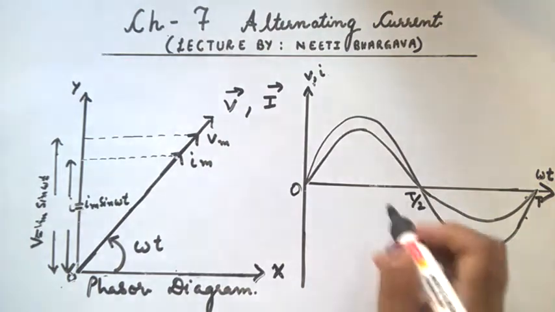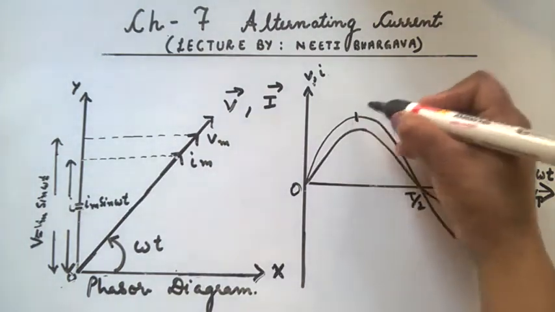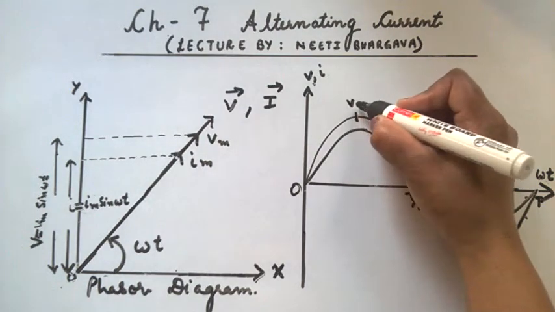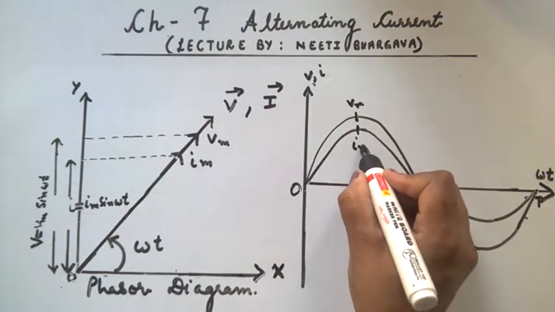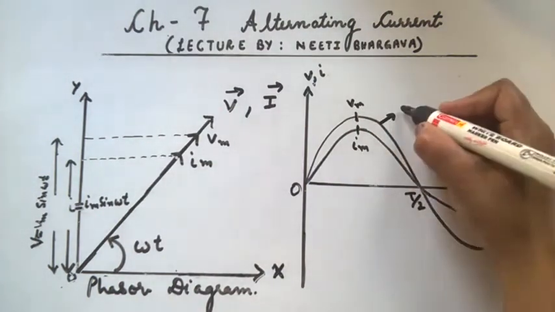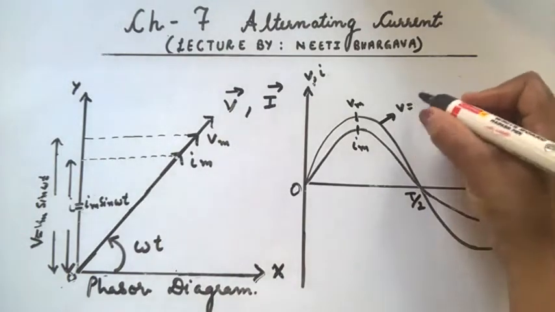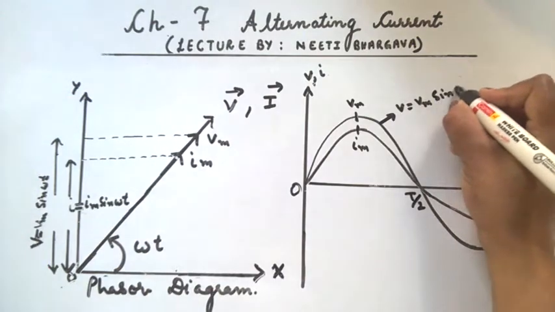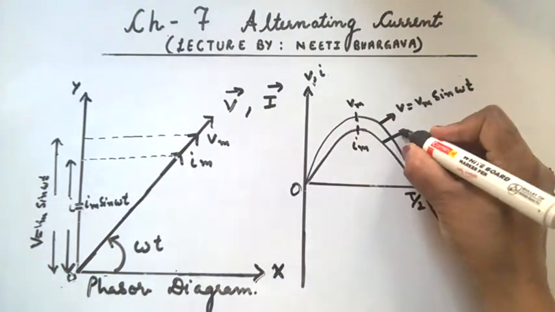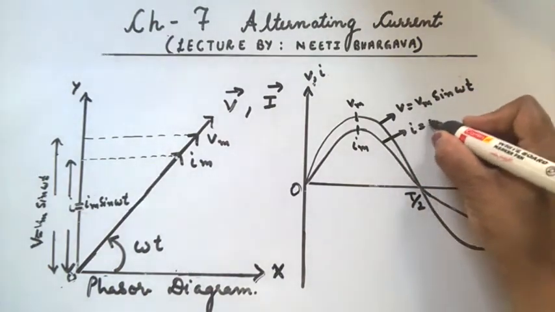This is the peak value of voltage, Vm. This is the peak value of current, Im. This is the instantaneous voltage, small v equal to Vm sine omega t, and this is Im sine omega t.